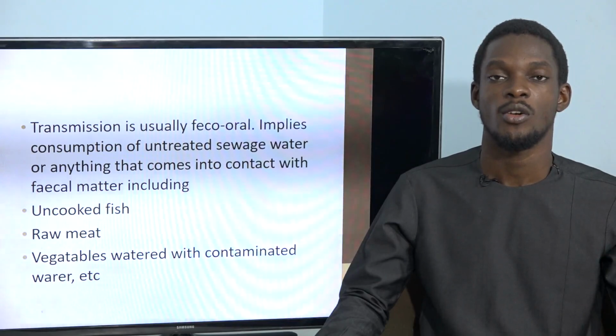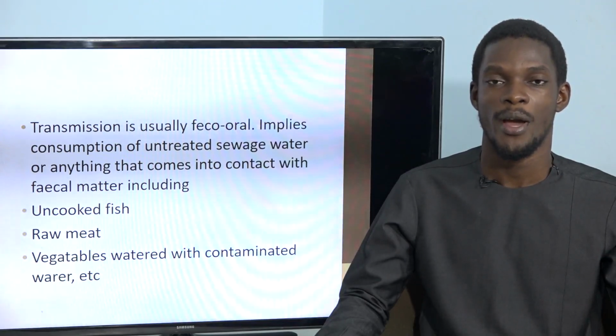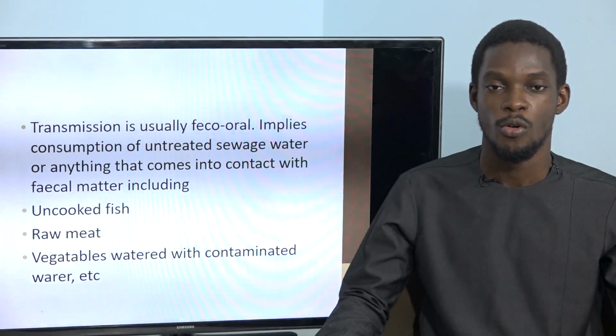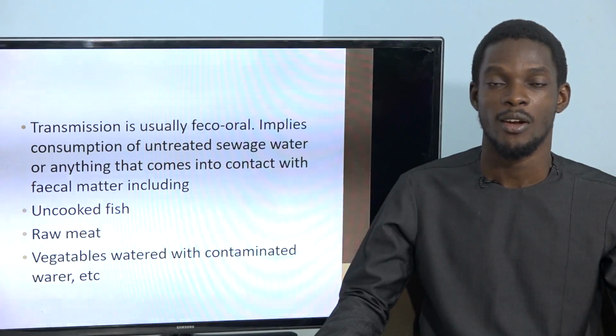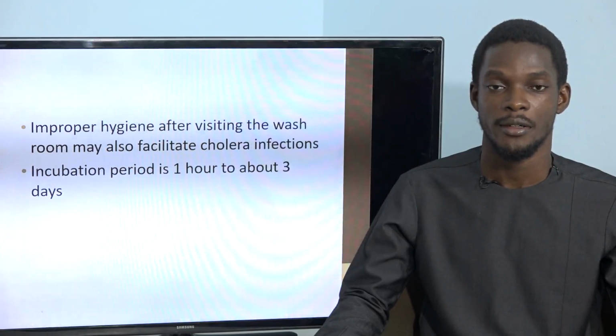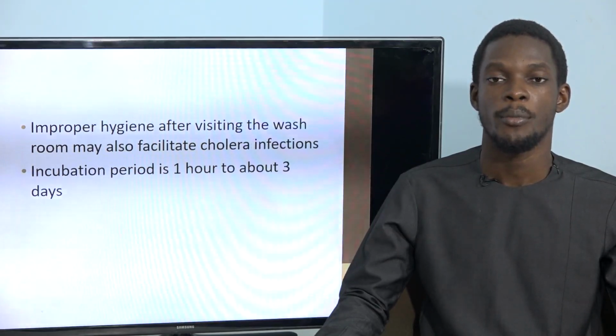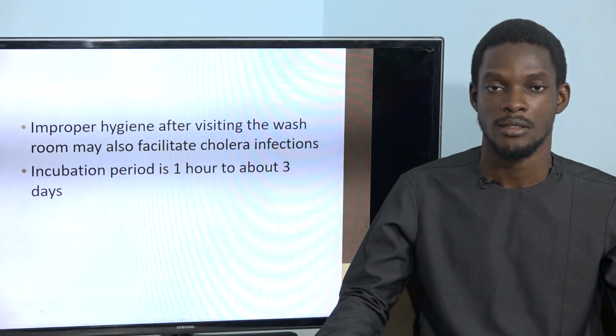It means that uncooked or partially cooked fish, raw meat, and vegetables watered with contaminated water can all spread cholera. Improper hygiene after visiting the washroom may also facilitate cholera infections.